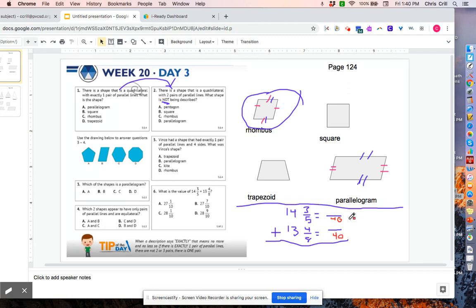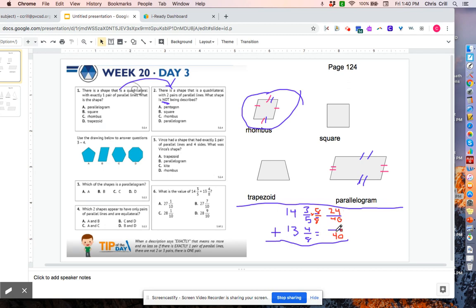Now, how do you make a 5 into 40? So 5 times 8 is 40. So I have to multiply my numerator times 8 so that these fractions stay equivalent. 5 times 8, 40. 3 times 8 is 24.